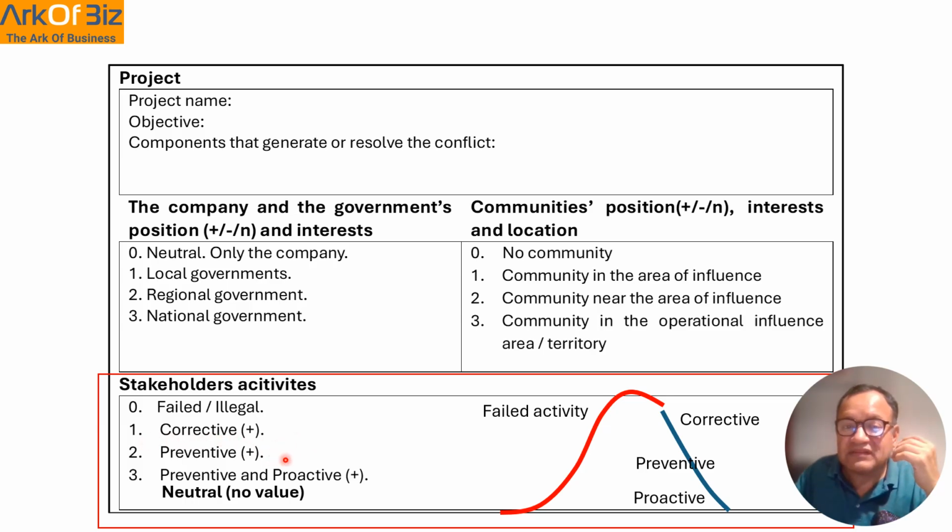This is preventing troubles before they start. For example, in order to avoid troubles with the community, they can create environmental monitoring committees with the community, where the community and the company participate together in monitoring the environment.